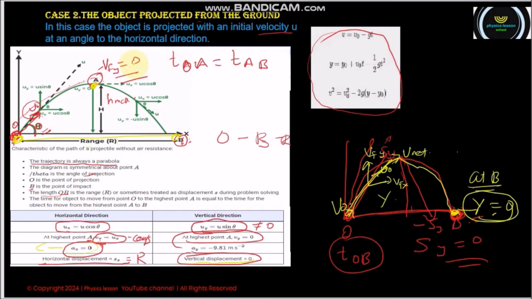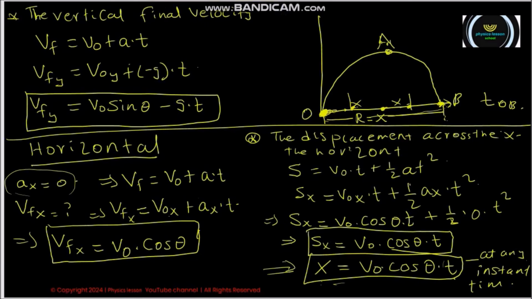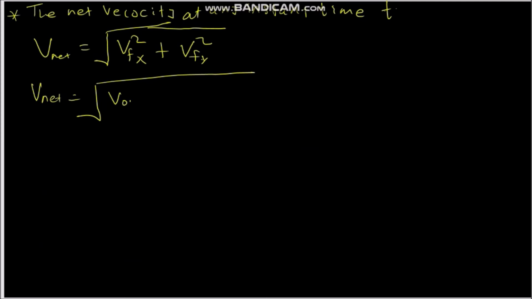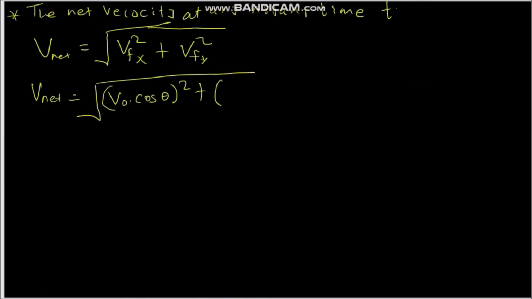So let's substitute the net velocity. v net is equal to the square root of the final velocity across x, which we already calculated as v naught times cos theta, the whole squared, plus the final velocity across y, v naught sin theta minus g times t, the whole squared.